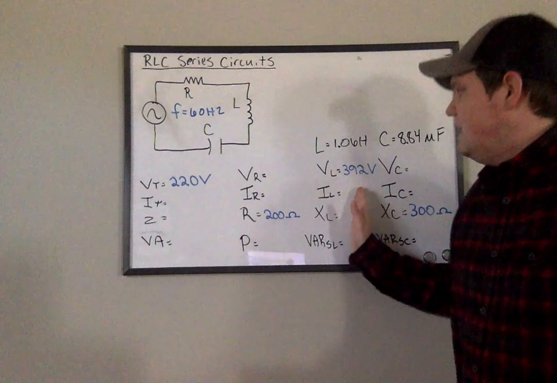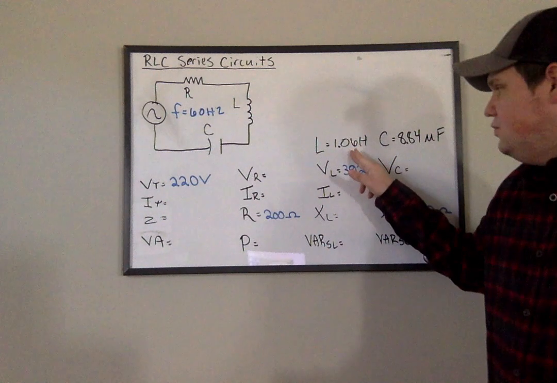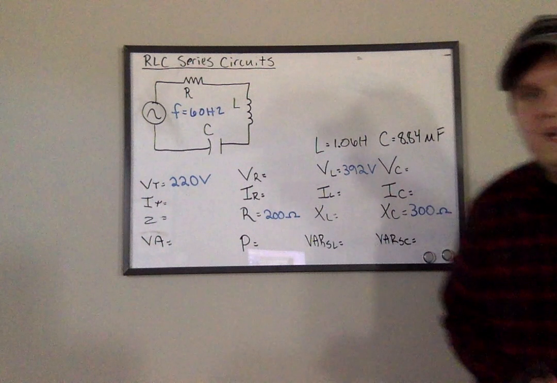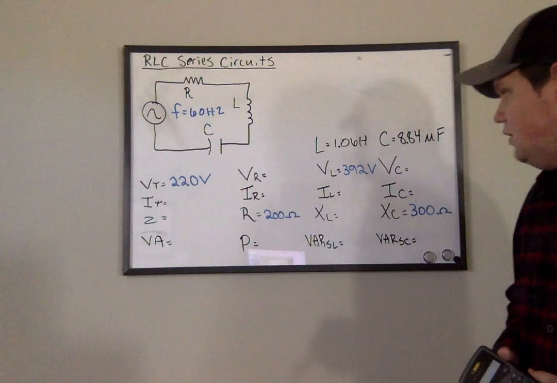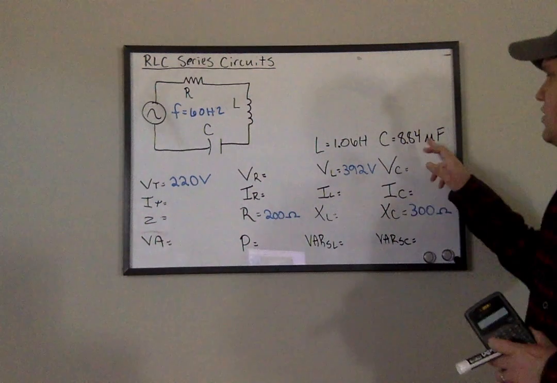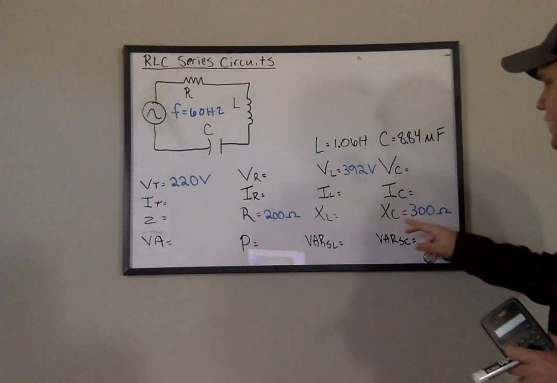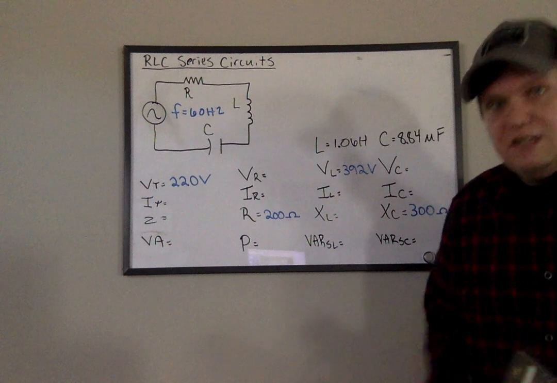Looking at the inductor's column, I know the inductor's value, and I know the voltage drop across that inductor, which is 392 volts. Looking at the capacitor, I know the capacitor's value, but the only other thing I know is that it's 300 ohms of capacitive reactance.